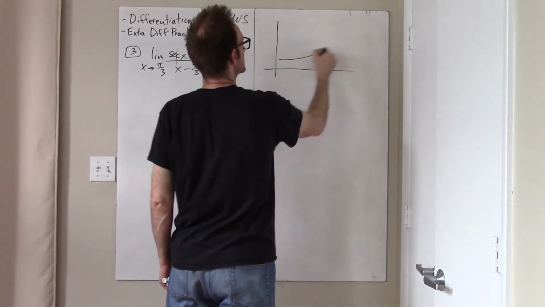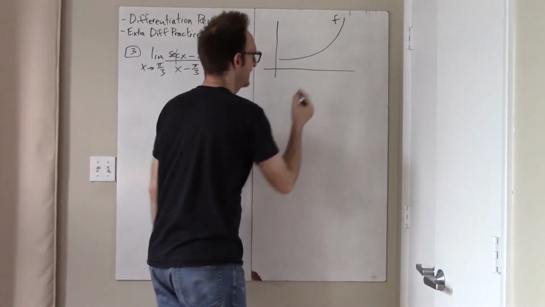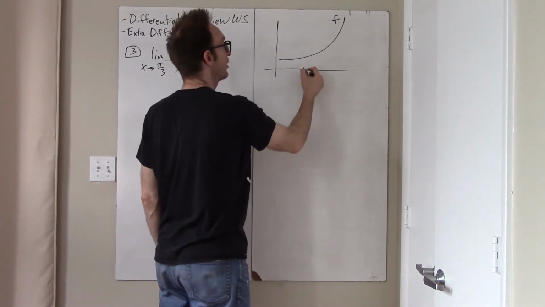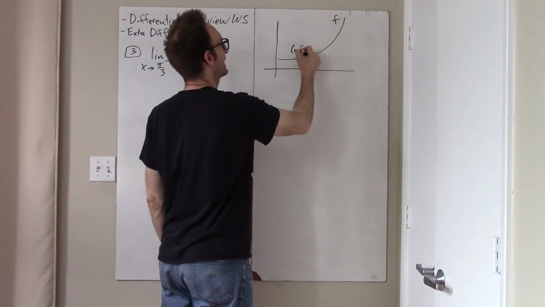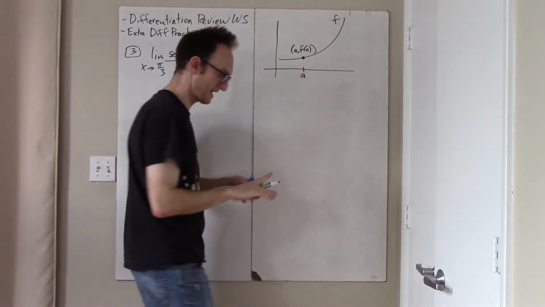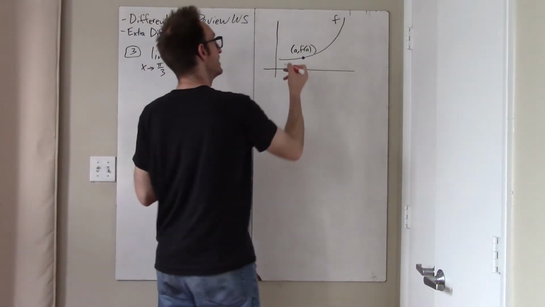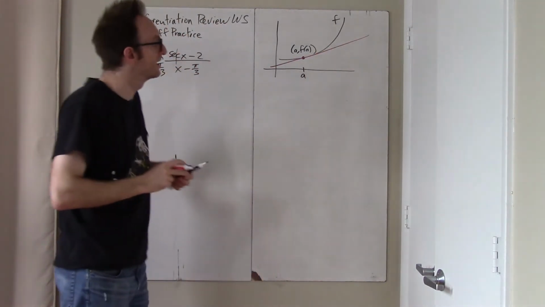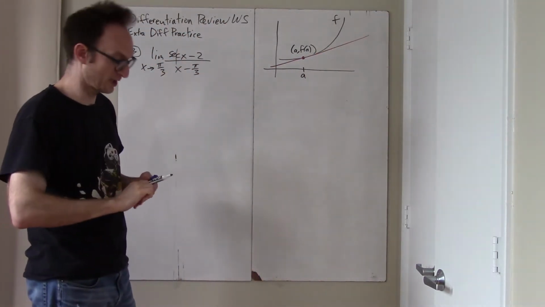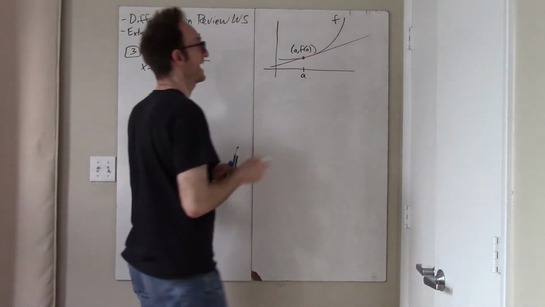So you have some function f, and you have some point a on that function, and that point is a comma f of a. The original way we're exposed to the derivative is as the slope of the tangent line to the curve. And how do we find the slope of the tangent line to the curve? We use an extra point.